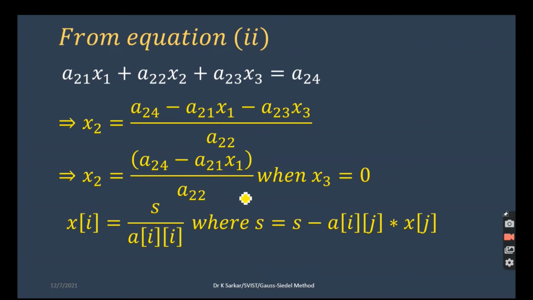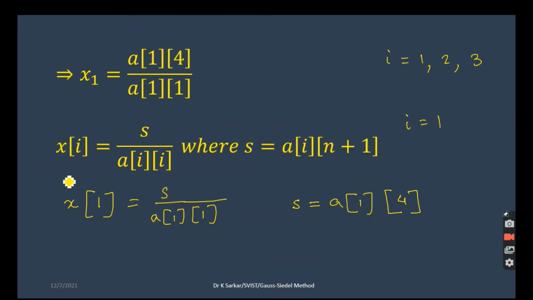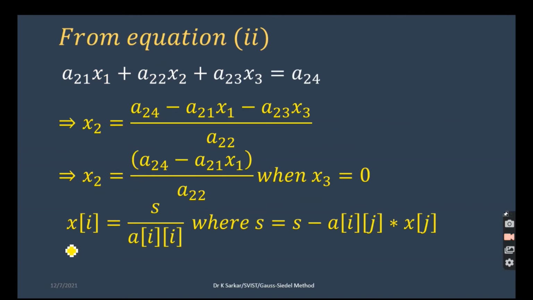Now this we have to write as a general statement for the programming. So how to write that? Look what we have taken: xi equals S by Aii. Similarly we have to take xi equals S by Aii. In this case, this S will be changed. This S will be according to this numerator.